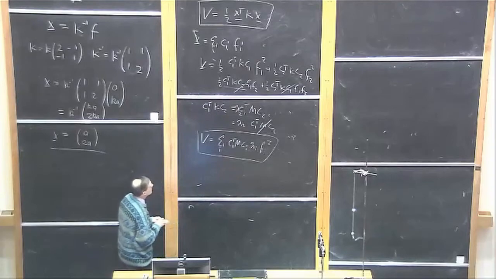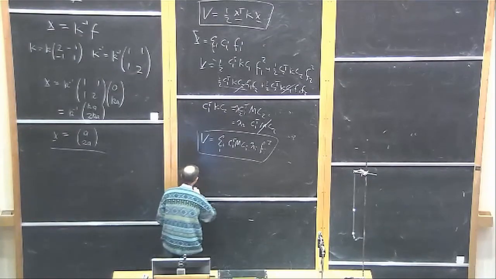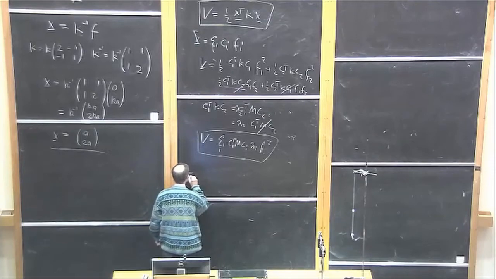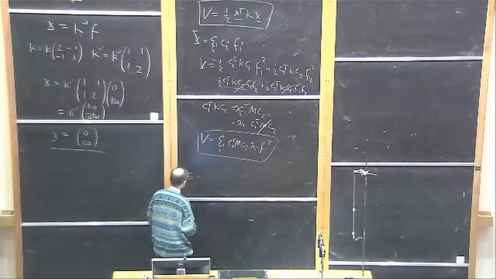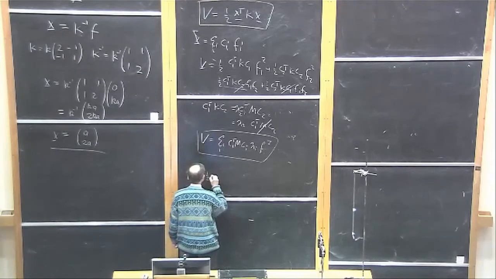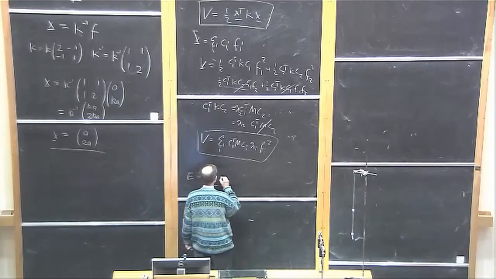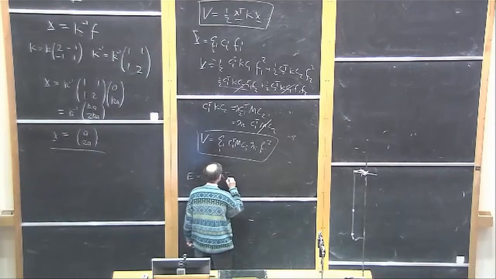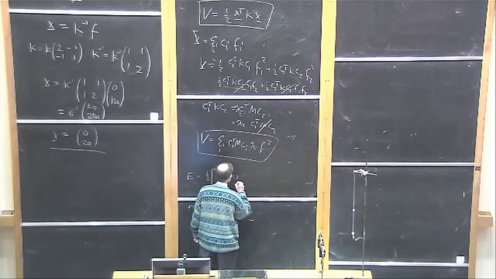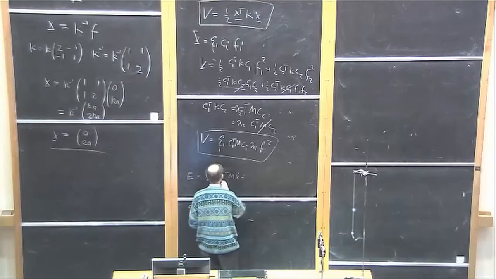And that means that we can write a total energy, E, is a half. Well, first of all, I'll write it in terms of x's, so that's x dot transpose mx plus, well, sorry, I wasn't doing those with dots, was I?